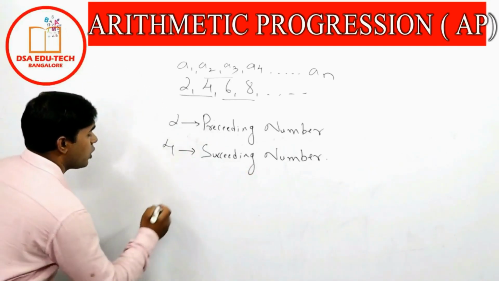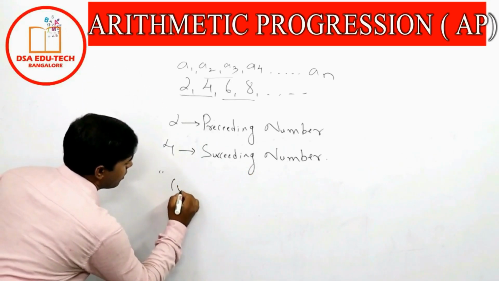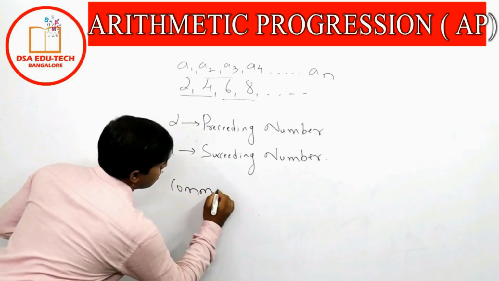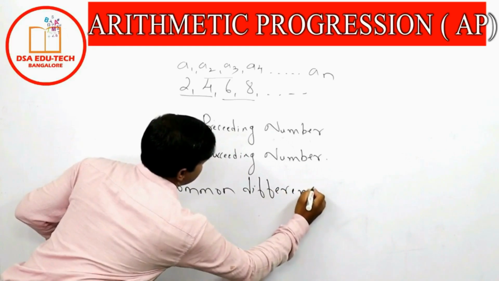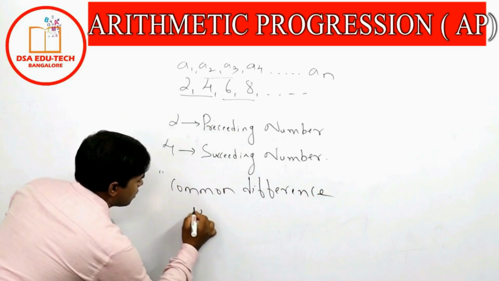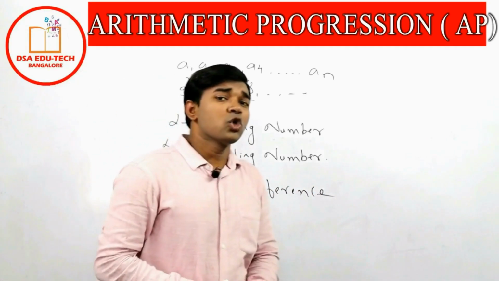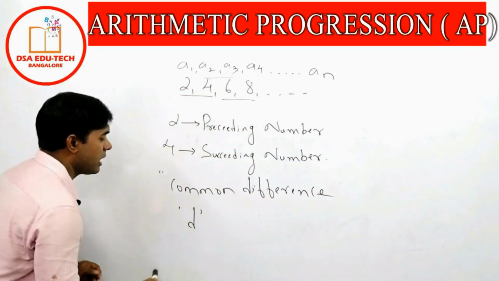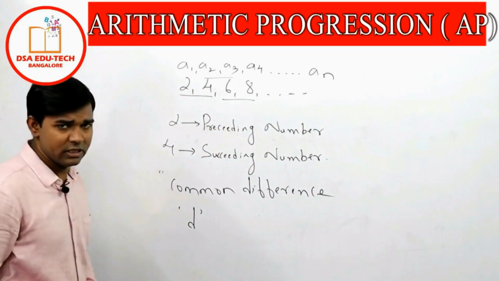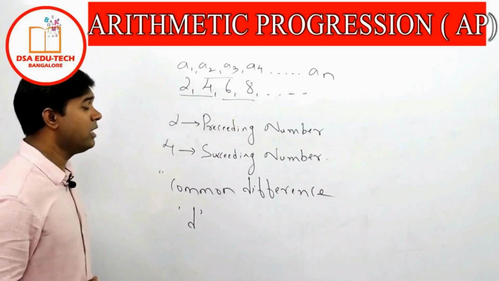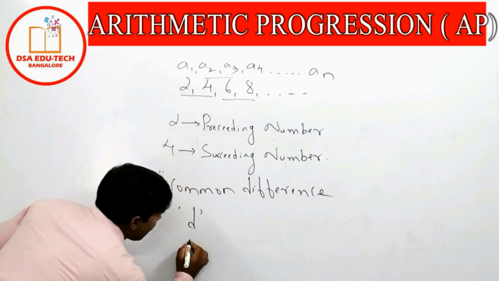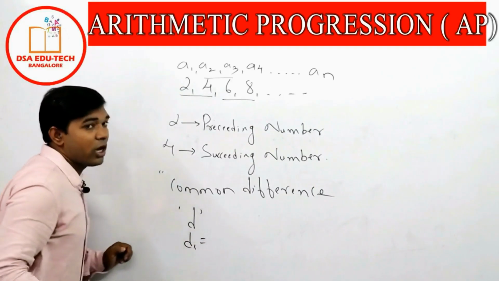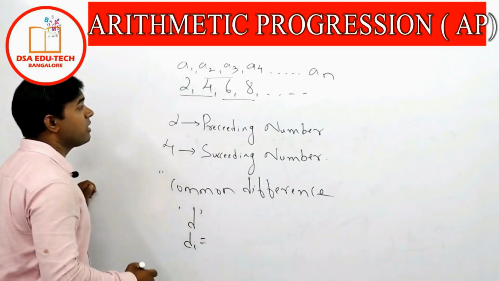Next you need to understand there is something called the common difference. Common difference is denoted by the letter D. So let me calculate D1.